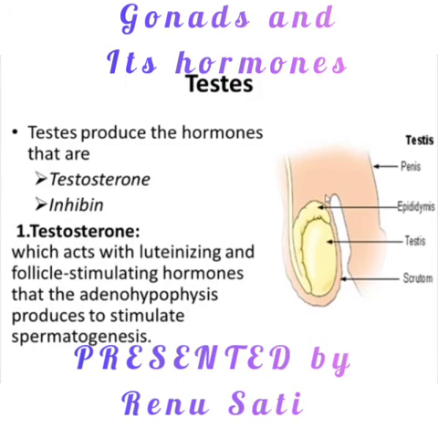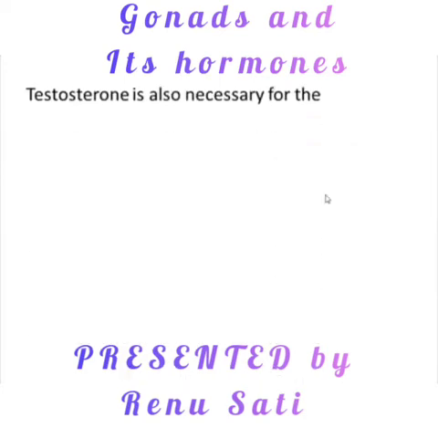Testosterone, which acts with luteinizing and follicle stimulating hormones produced by the adenohypophysis, stimulates spermatogenesis, that is, formation of the sperm, which carries the male nucleus or the male gamete. It requires a temperature lower than the body.